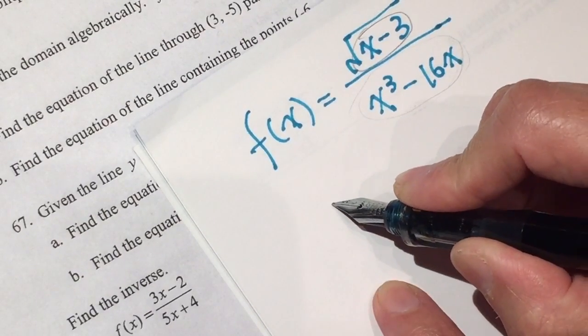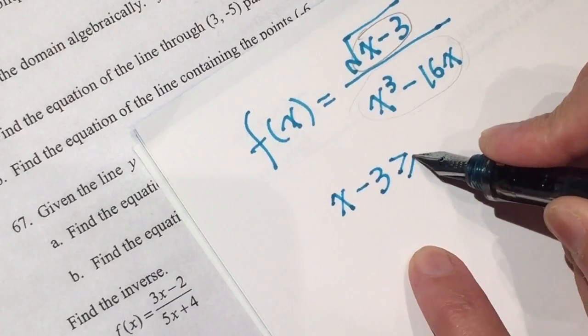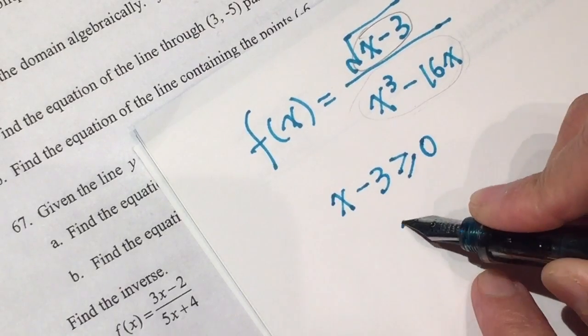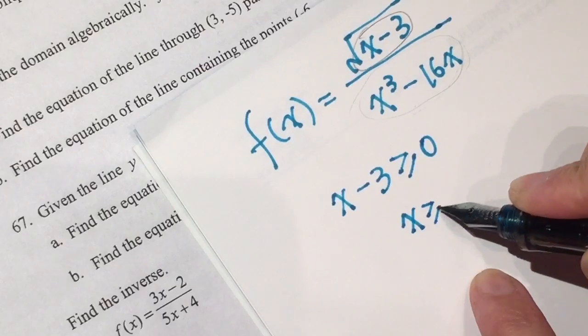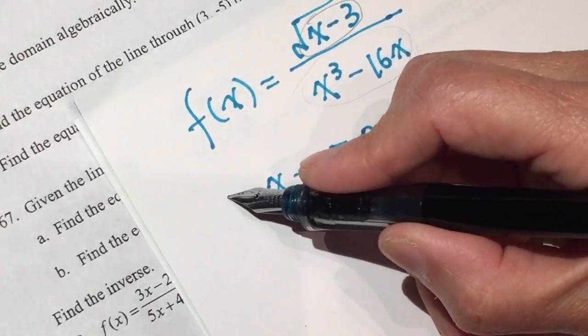First, x minus 3 must be bigger or equal to 0. So x is bigger than or equal to 3. This is the first part.